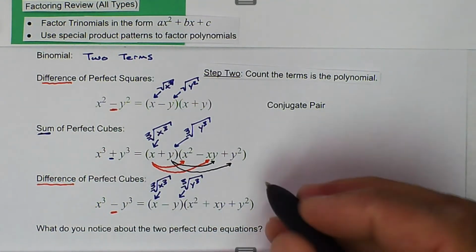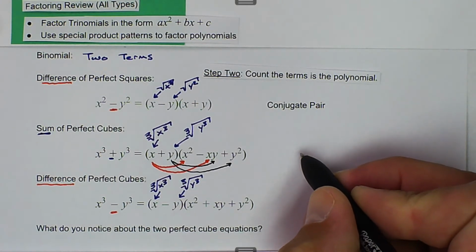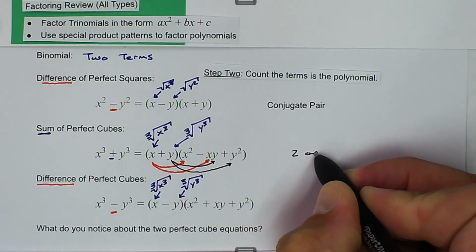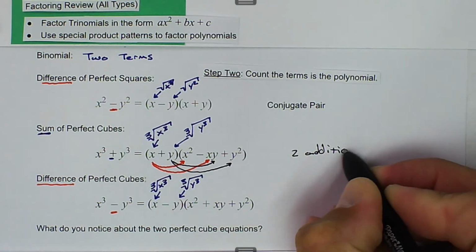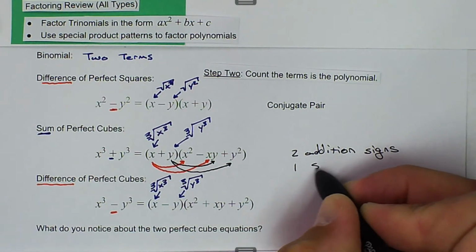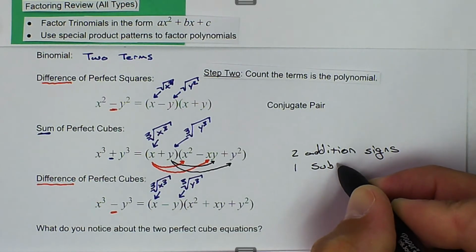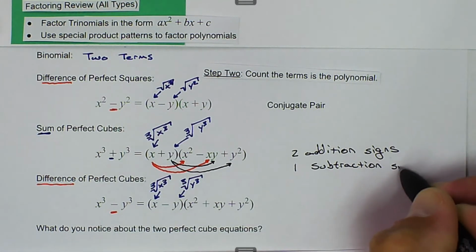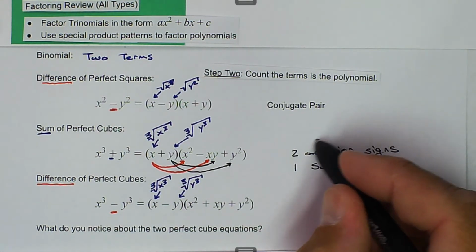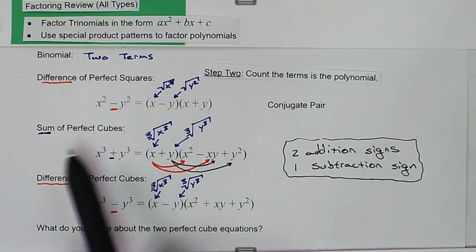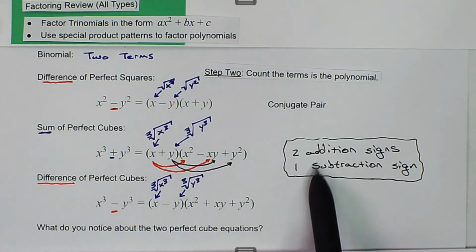For both of these, the sum of perfect cubes and the difference of perfect cubes, there are two addition signs and one subtraction sign. So that's the first thing that you should remember whenever you're doing the sum of perfect cubes or difference of perfect cubes: two addition signs, one subtraction sign.